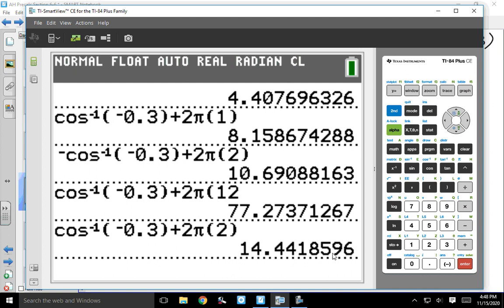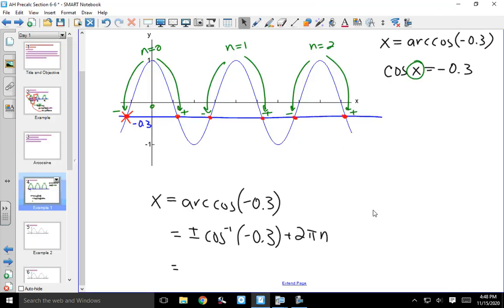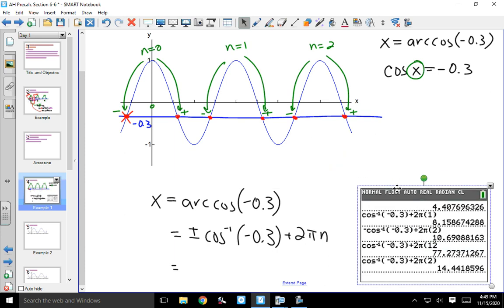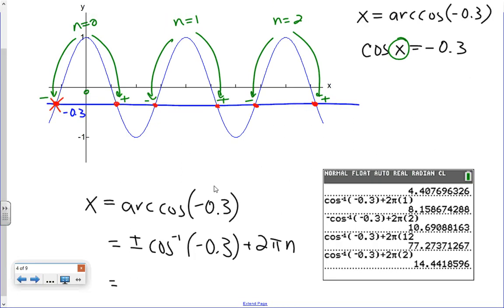Actually, there's one in there that shouldn't have been in there. All right. Those are our 5 solutions there. I'll let you fix the one that it doesn't show there, but those are our first 5 positive solutions.